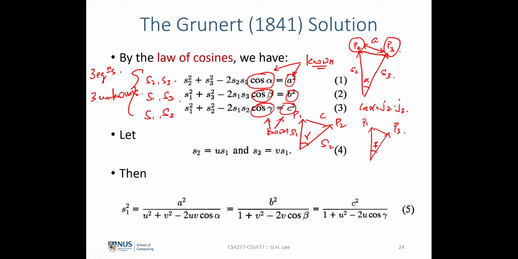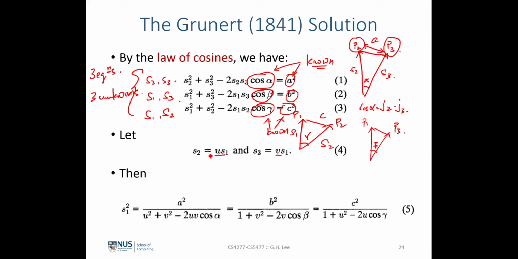So in the original solution that was proposed by Grunert in 1841, he suggested that we introduce two auxiliary variables, called u and v, and then represent S2 as u multiplied by S1 and S3 as v multiplied by S1.